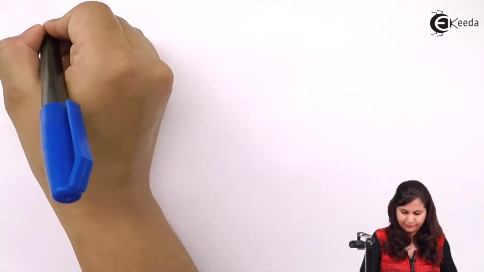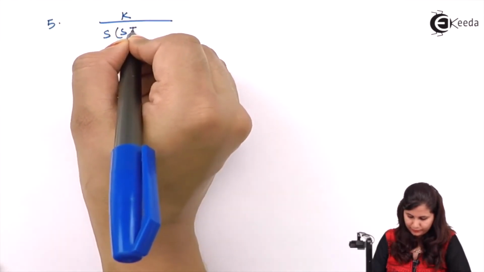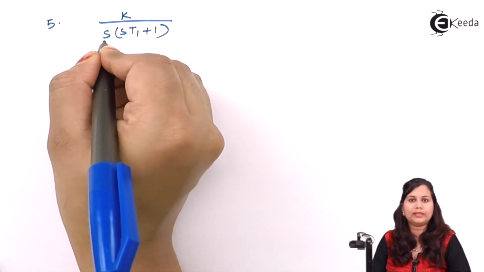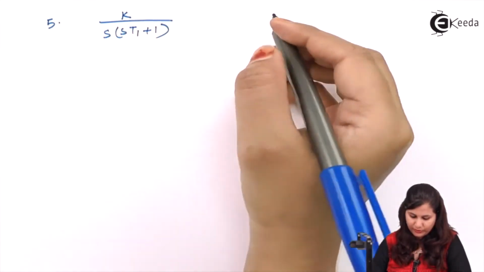Fifth, we have K upon s(sT1 plus 1). That is, one pole is at the origin and we have another pole; no zero is present.